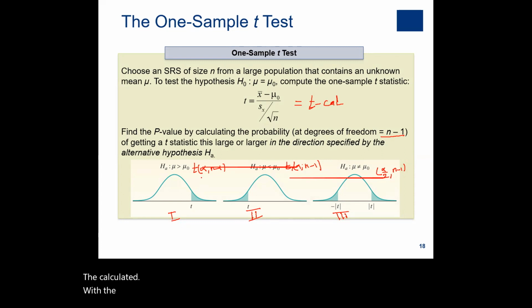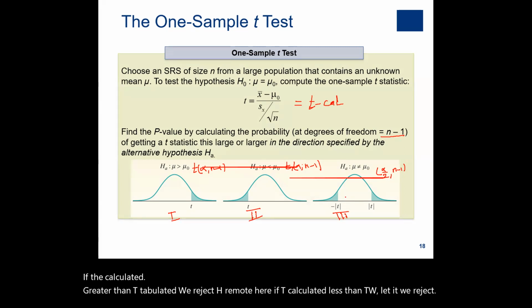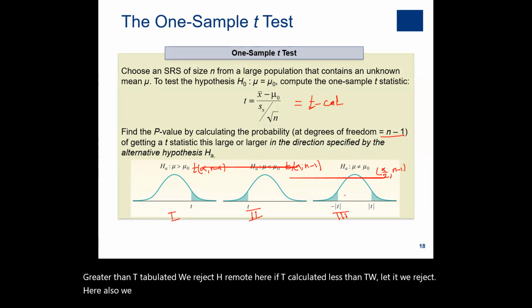If T calculated is greater than T tabulated, we reject H naught. Here, if T calculated is less than T tabulated, we reject H naught. Here also, we compare T tabulated with T calculated, and then we decide to reject. This is the easy way.